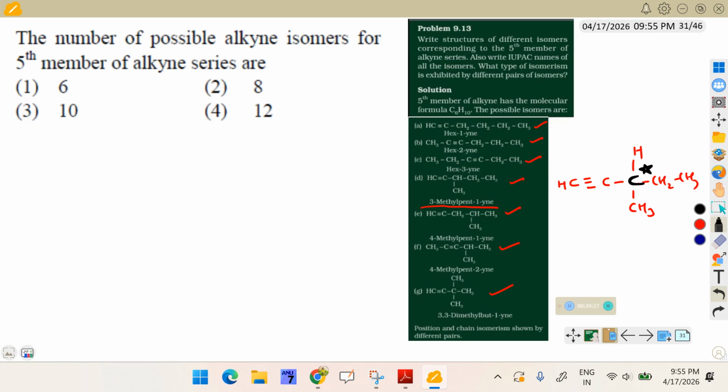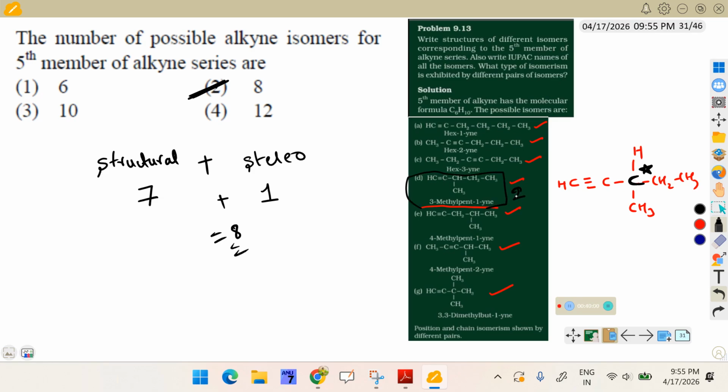So it gives D and L forms. Structural isomers: 7 are possible. Stereo: for this compound, one more isomer is possible. 7 plus 1 is equal to 8. So this compound has 2 possible isomers, one is D form, second one is L form.